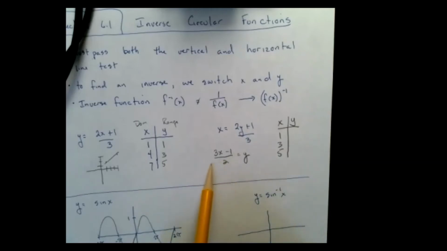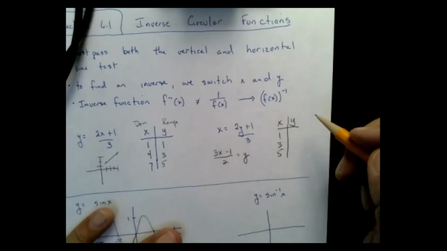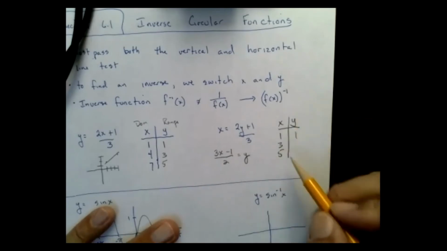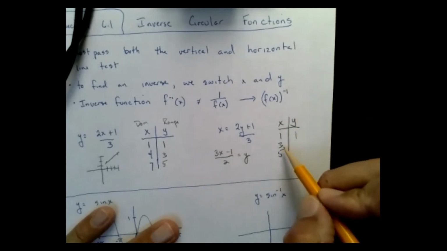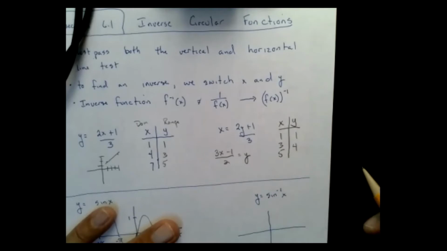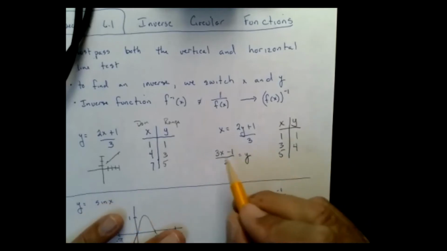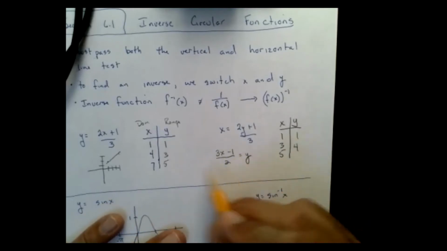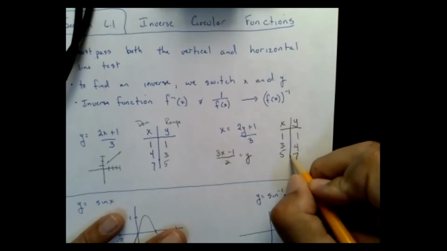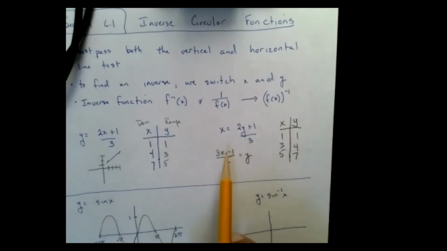I plug in 1, I get out 1. I plug in 3, I get out 4. I plug in 5, 15 minus 1 is 4, I get 7. So as you can see, I came up with an equation to find inverse values. I switched the x's and y's.